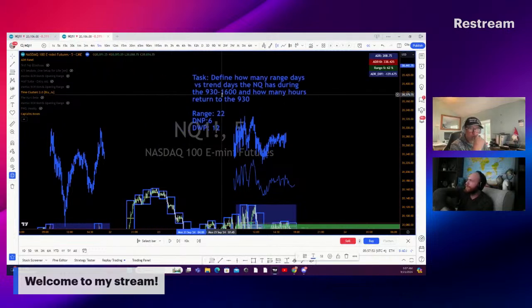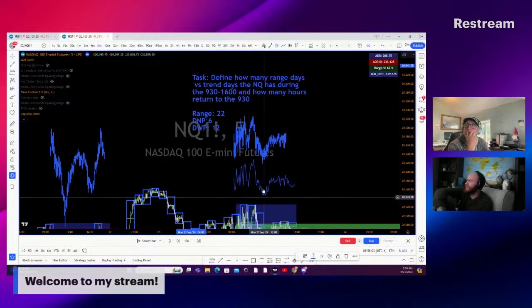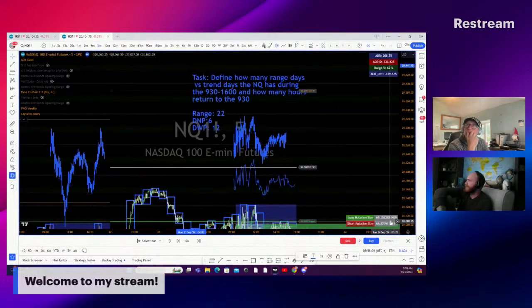Now, why is this important to know, right? We already talked about how these swings happen, are measured, and can set realistic expectations, right? So if you look, for example, the long rotational swing is 69, the short rotational swing is 66.